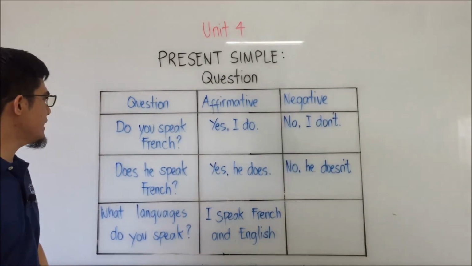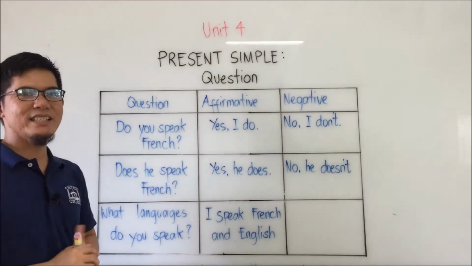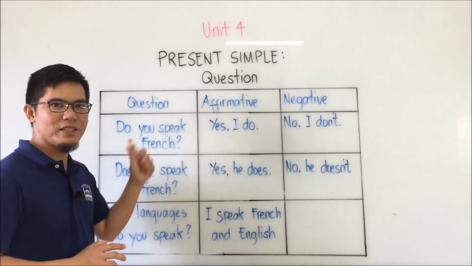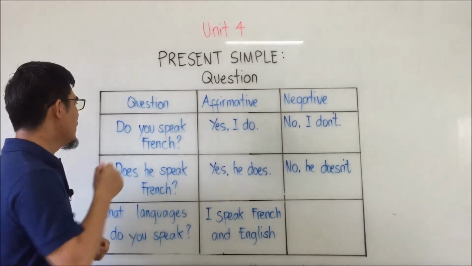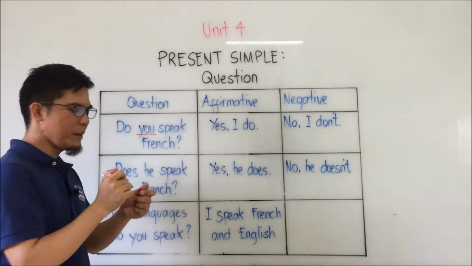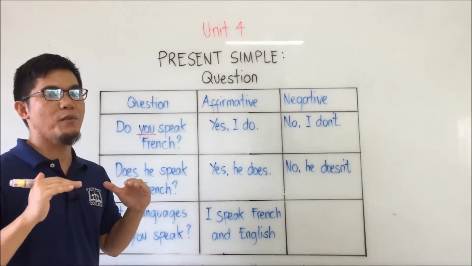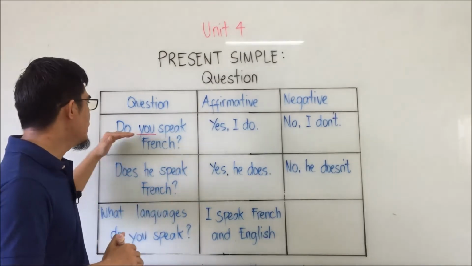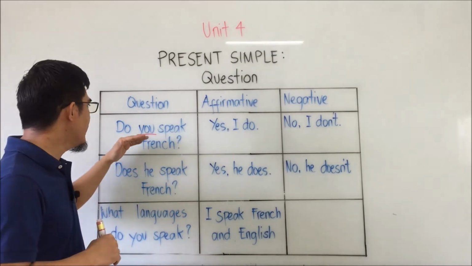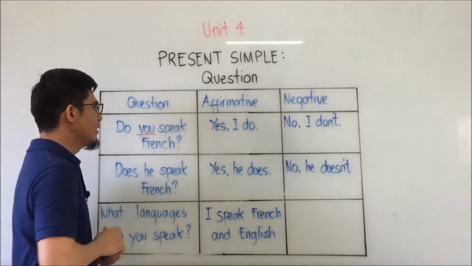Ready? First sentence, do you speak French? Is this a plural subject? Yeah. We use the word you. Do you speak French? What about the verb? We still use the base form of the verb. We only differ with the subject pronoun. Now look at the word you.